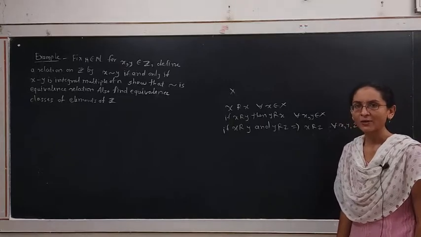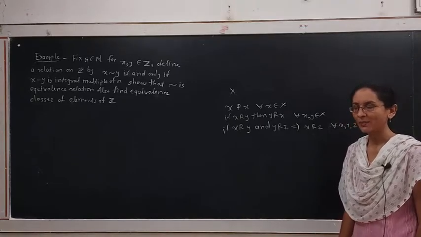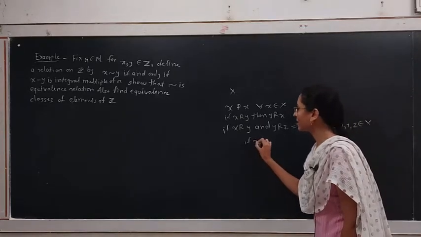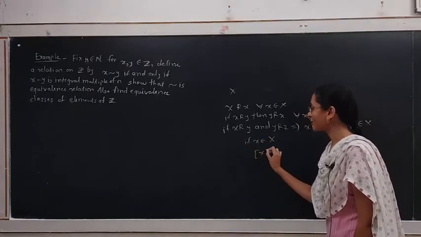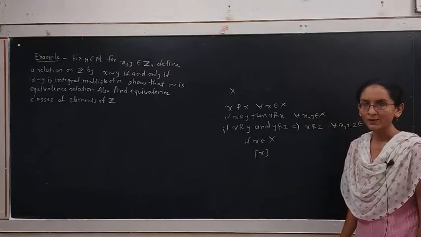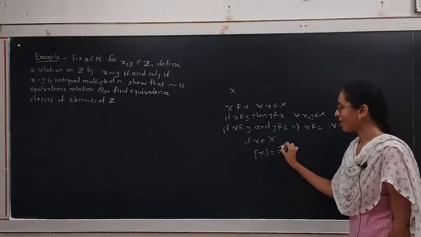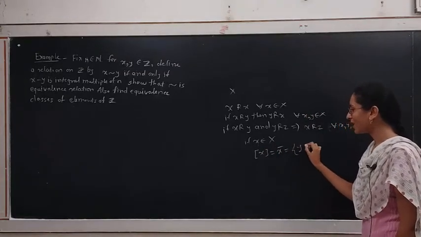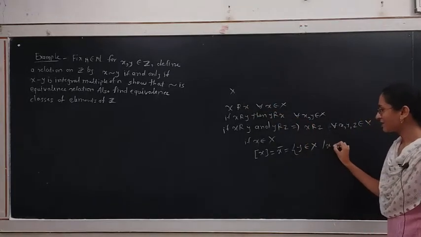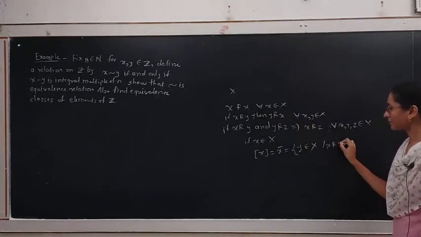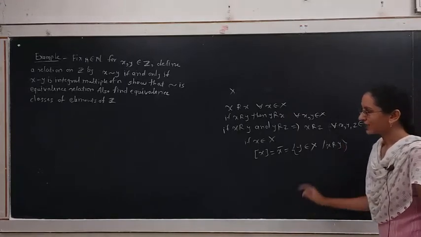After that, we defined the equivalence class of an element. If element x belongs to set X, then the equivalence class of x is denoted by either square bracket of x or x bar. This is the set of all elements of the set X which are related to x. This is what the equivalence class is.